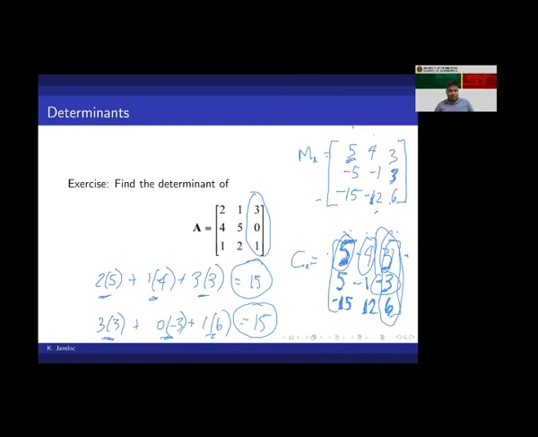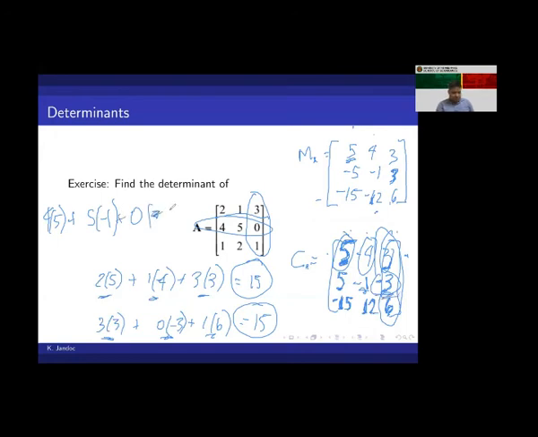Okay? Still not convinced? Well, pick another arbitrary one. Say this one, row 2. So 4, 5, 0. And the associated cofactors are 5 for 4. So 4 times 5 plus 5 times negative 1 plus 0 times negative 3.